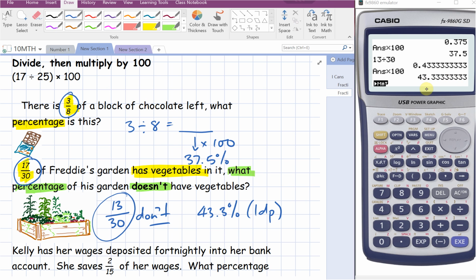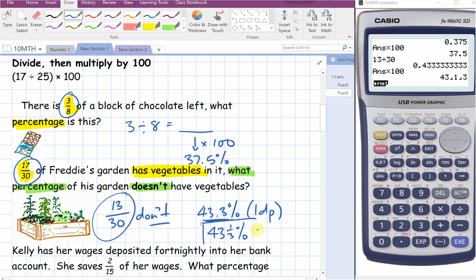So you may just know that 0.33333 is a third, but using your calculator, once you've got this decimal like this, if you press Shift and then the FD button, it will change it into a fraction. So this is a mixed number, so we can rewrite this percentage as 43 1/3%.